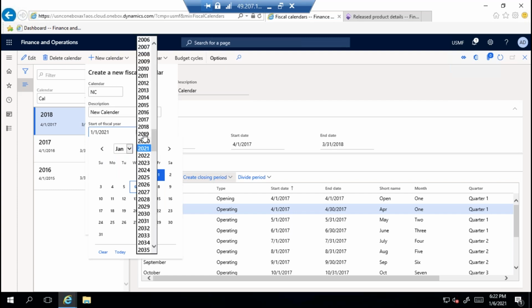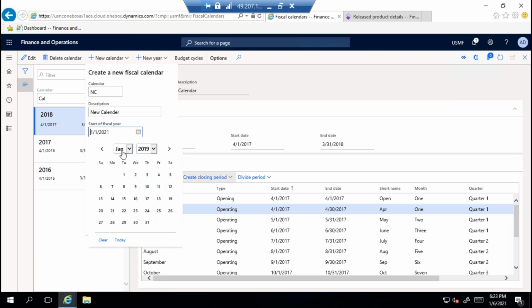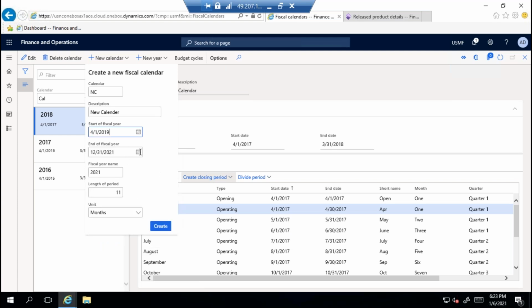Usually it will not happen. Suppose 2019 I'm selecting, 2019 April. Actually, this will not be this slow, but sometimes the server provider is taking some time. April 1st. Okay, if it is selecting, it is taking time.